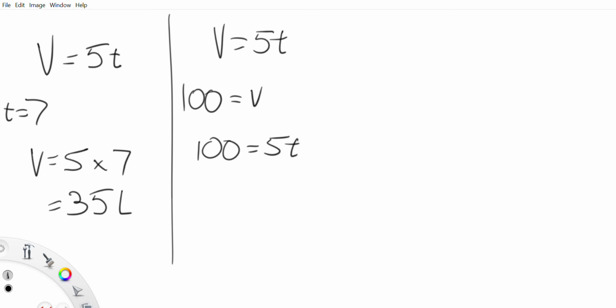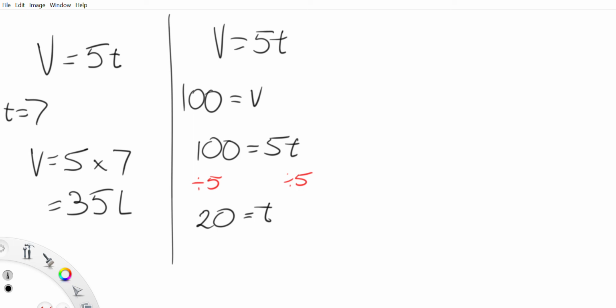That's 5 times t. What's the opposite to times? Divide. So we need to divide both sides by 5. 5 goes into 100 20 times. So t equals 20. It would take 20 minutes to fill a bucket up with 100 liters of water if that was the rate.